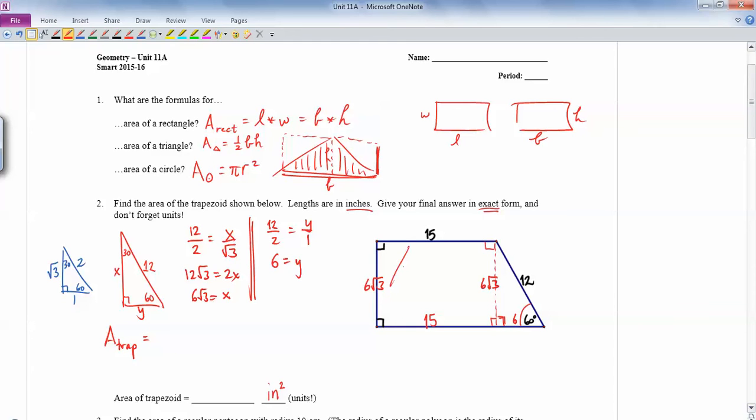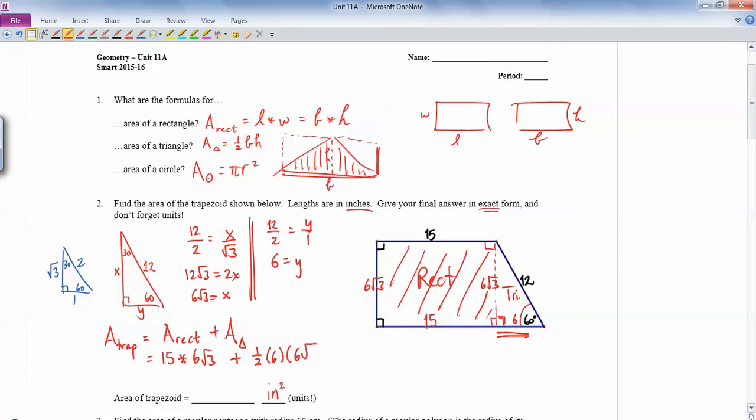So then the area of the trapezoid is really going to be the area of the rectangle plus the area of the triangle. Right? Area of the rectangle plus area of the triangle. Well, the area of the rectangle is 15, the base, times the height, 6 root 3. And then the area of the triangle is going to be 1/2 its base, which is 6, times its height, which is 6 root 3.